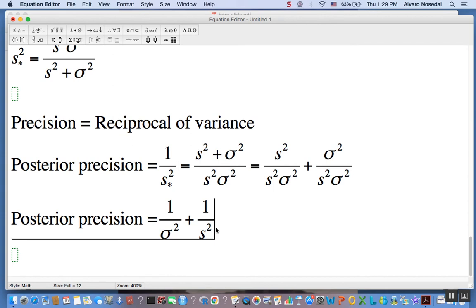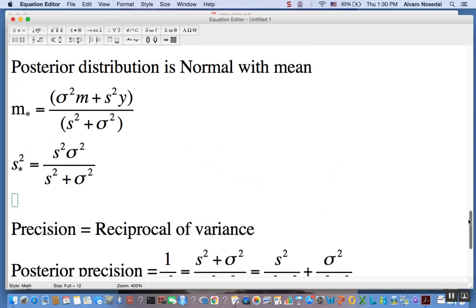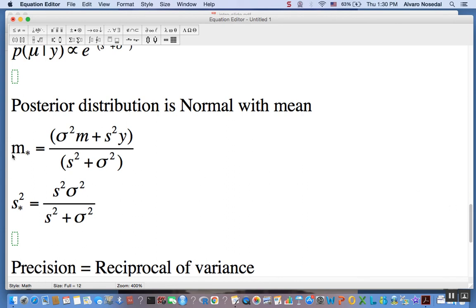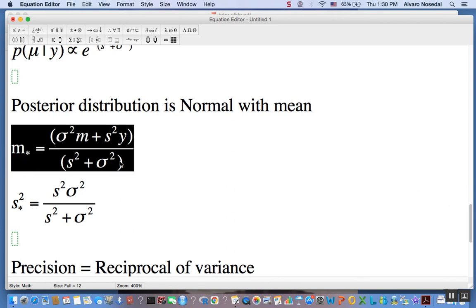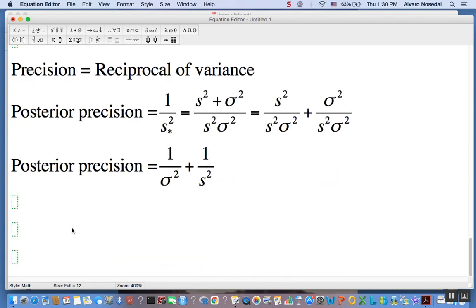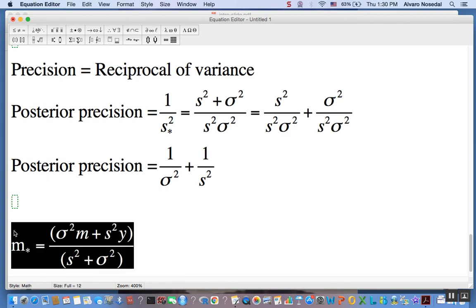So bottom line, posterior precision equals prior precision plus observation precision. It's easy to remember that. Now let's talk about that expression for the posterior mean.